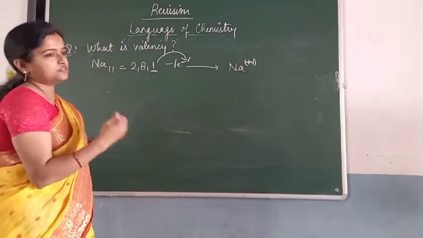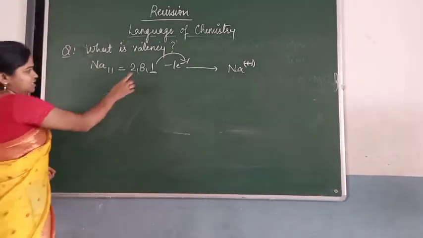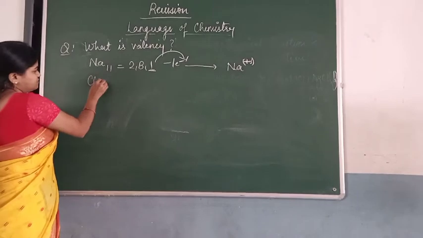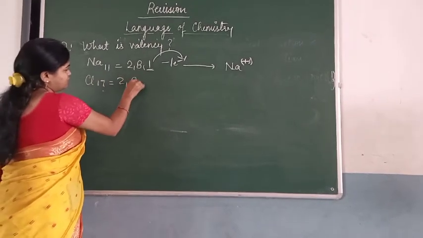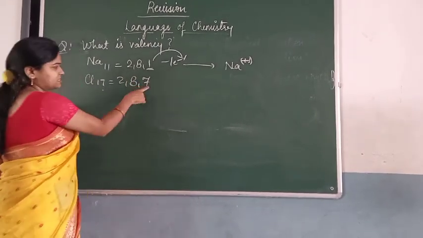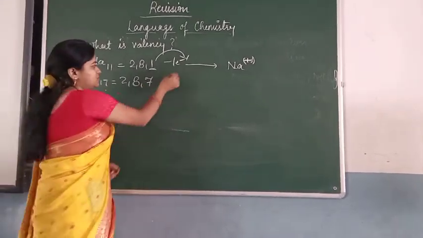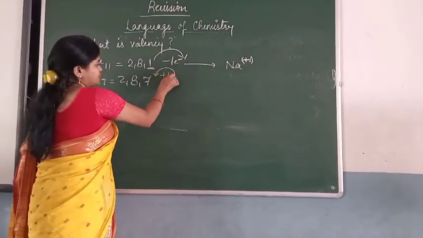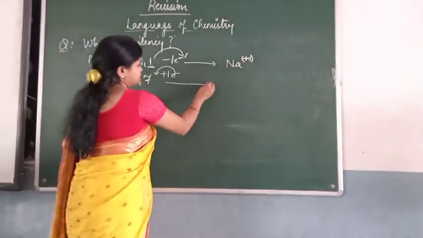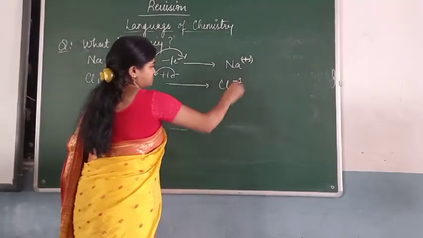One more example let me give you, that is chlorine, 2, 8, 7. In this case chlorine has 7 electrons in the outermost shell, means it requires 1 electron, and further this chlorine will have a minus 1 charge.